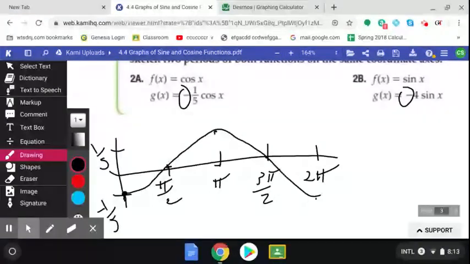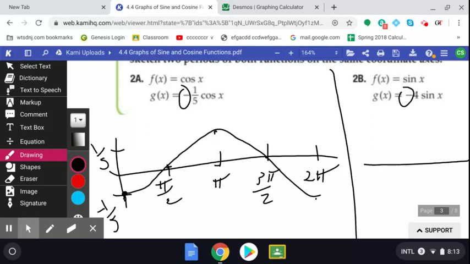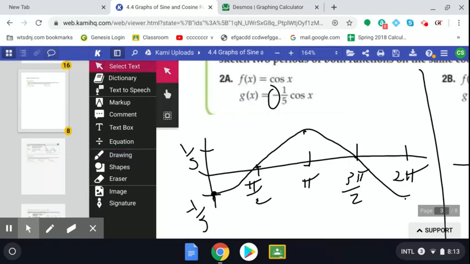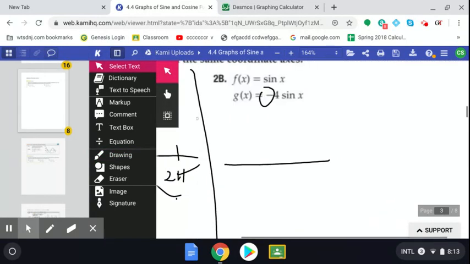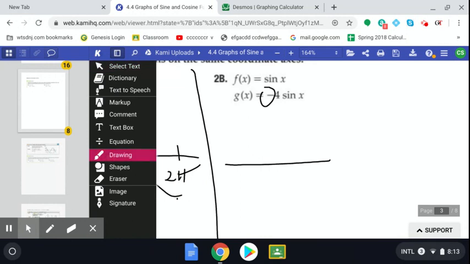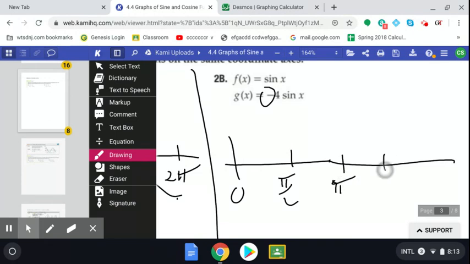Okay? For sine x, the negative is going to be reflected. So sine x would just be sine 0 is 0, but in this case, let's try to graph this. So over here, we have 0, once again, pi over 2, pi, 3 pi over 2, and then 2 pi.